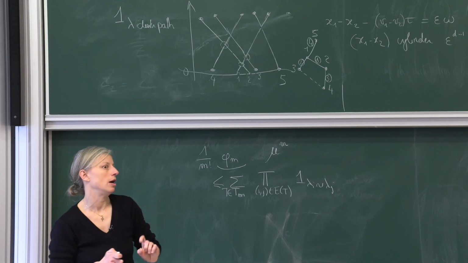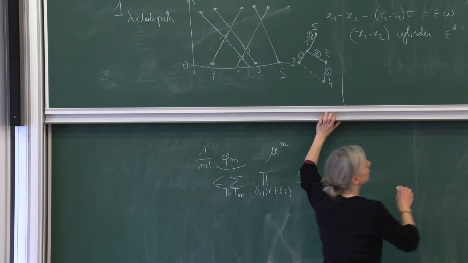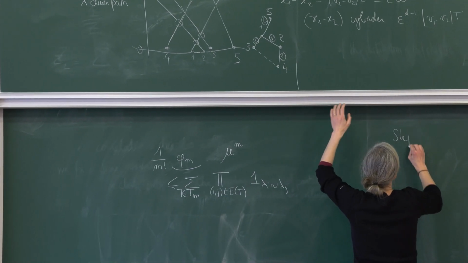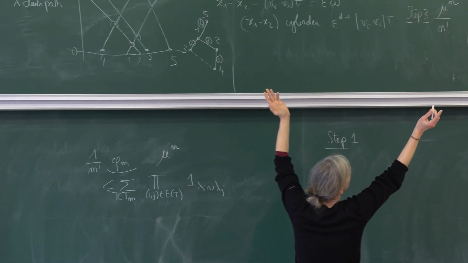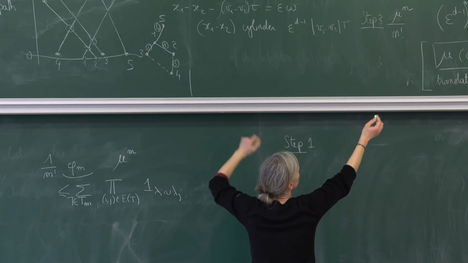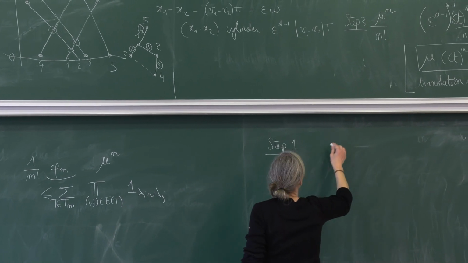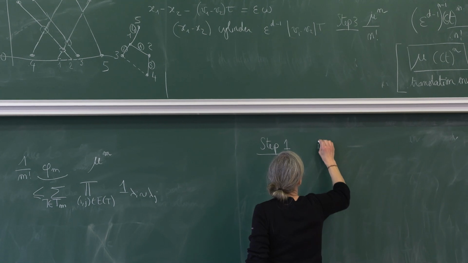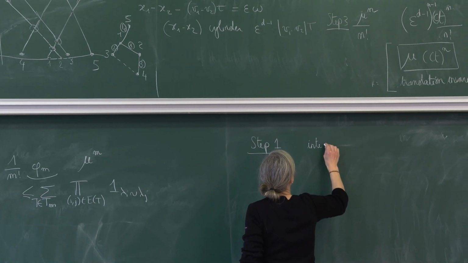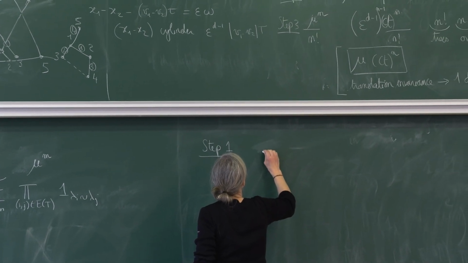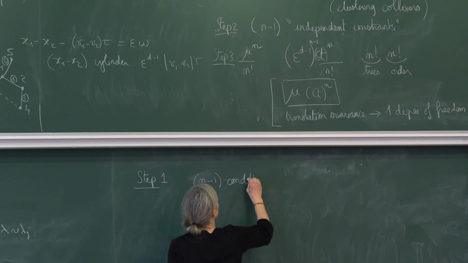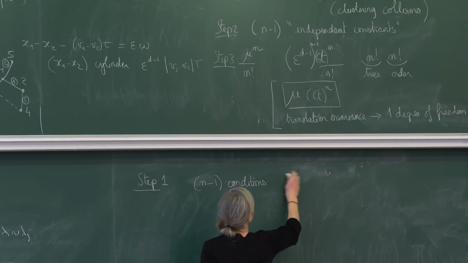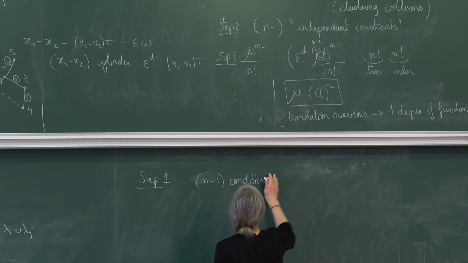Okay, so now I will explain why. So here the tree is already identified. So now I have n minus 1 conditions. So n minus 1 geometric conditions.